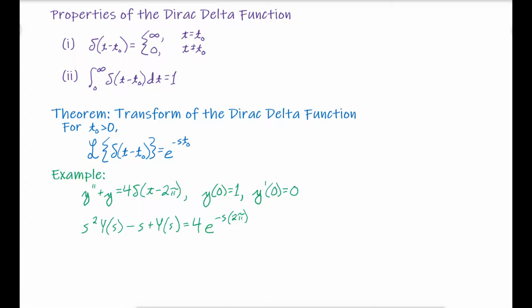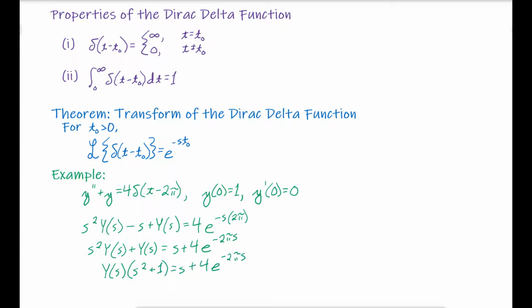So then all we have to do is solve for y of s. So I'll get everything that's not y of s terms on one side and y of s terms on the other side. So we've got s plus 4e to the negative 2 pi s, and we'll factor out a y of s times s squared plus 1.